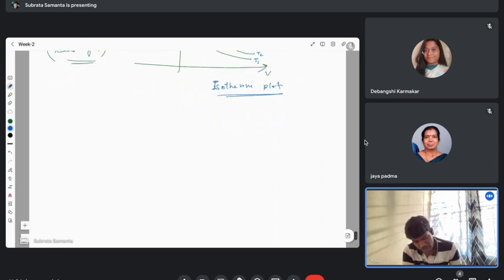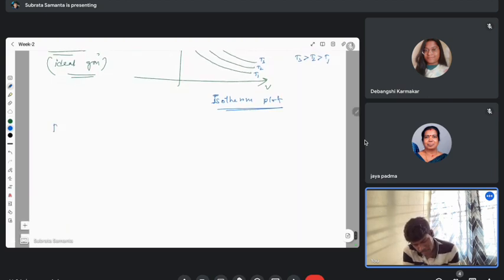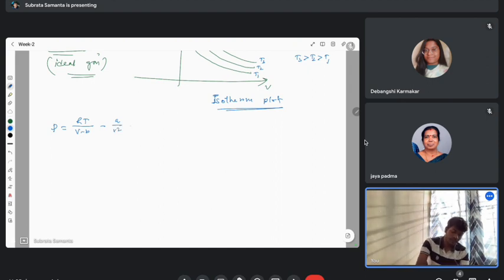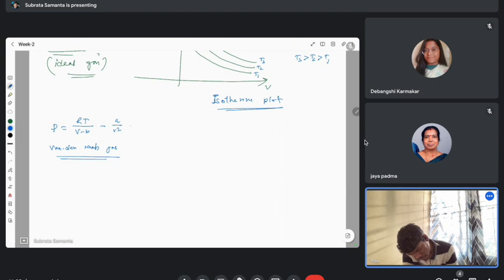Now it's the same thing when we plot this gas, P equals RT by V minus B minus A by V square. This is the van der Waals gas. So how do the plots look like?